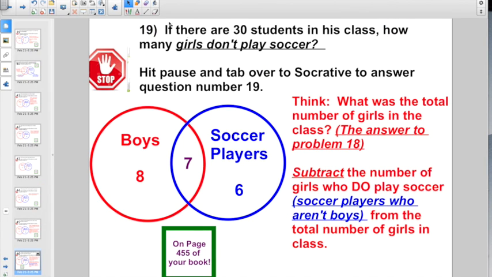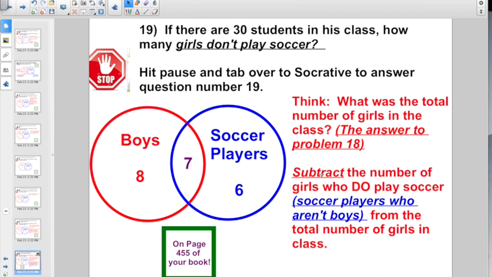And our last one. If there are 30 students in his class, how many girls don't play soccer? So your hint here is to think. What was the total number of girls in class? That was the answer to problem 18 that we just did.